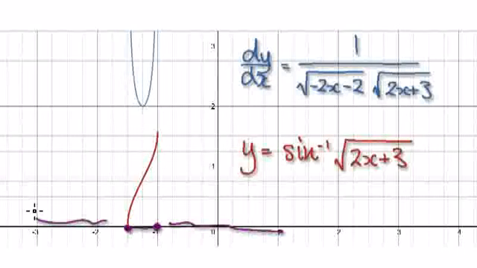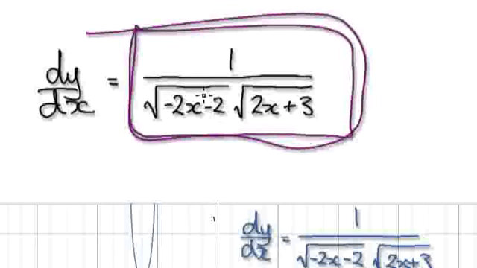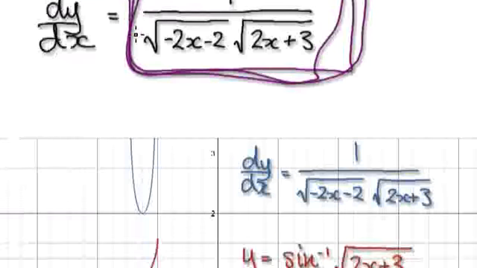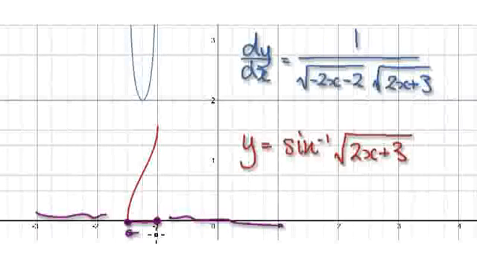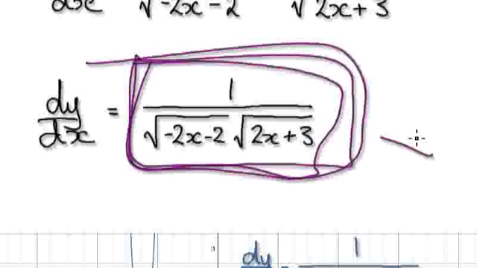Everything else, this thing here will break down. But there are certain values of x where this whole thing will not break down, and if you choose the values of x between here and here, this thing will not break down.